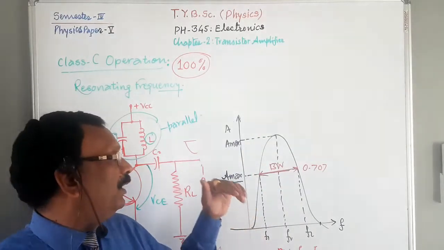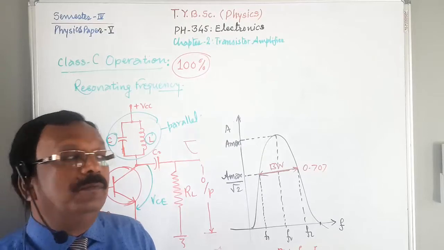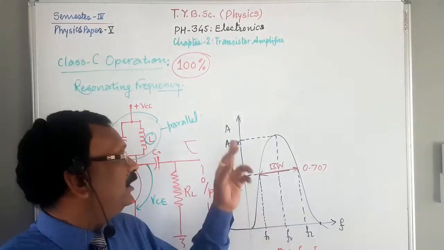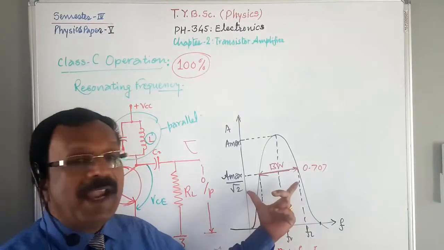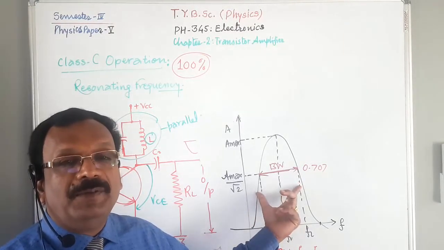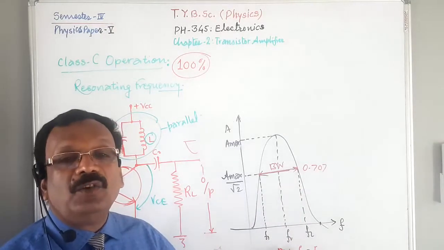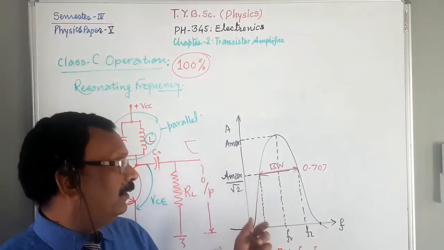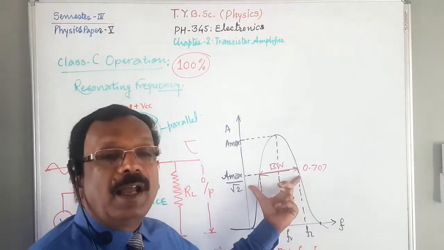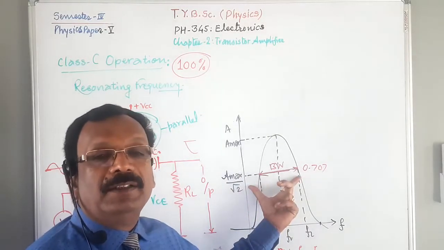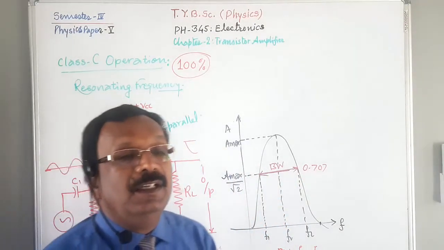That is, we divide the maximum gain by root 2, or 1.414. The smaller the bandwidth, the narrower the bandwidth of an amplifier, and the higher the bandwidth, the wider the bandwidth of an amplifier.